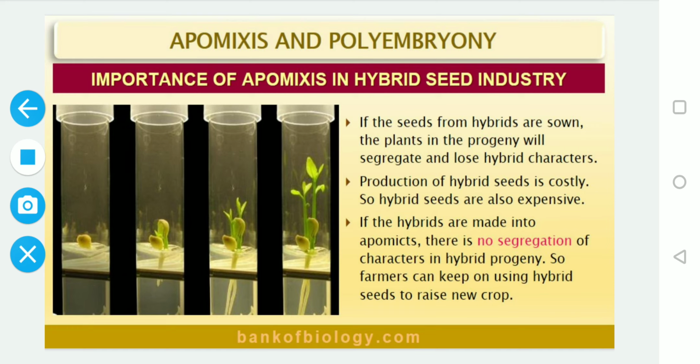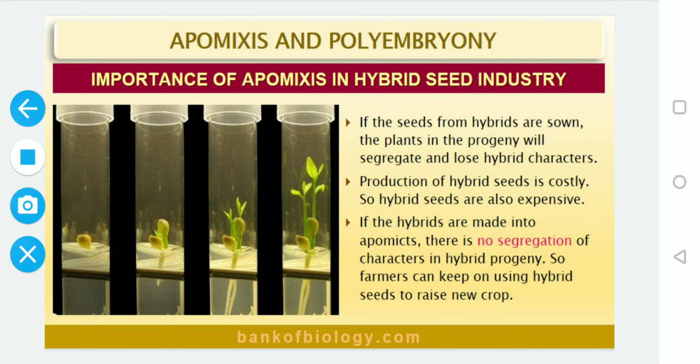Hybrids, you know very well, are made by crossing two different varieties for the desirable characters we require, right? Then the production of hybrid seeds is costly, because for the desirable characters they must have done a number of experiments repeatedly and developed them in the labs, right?